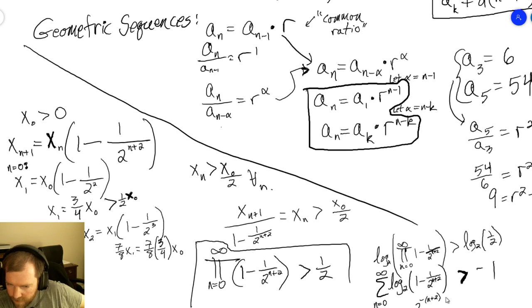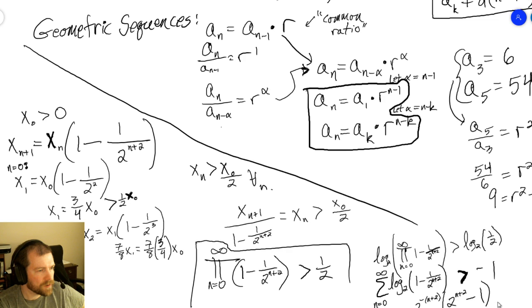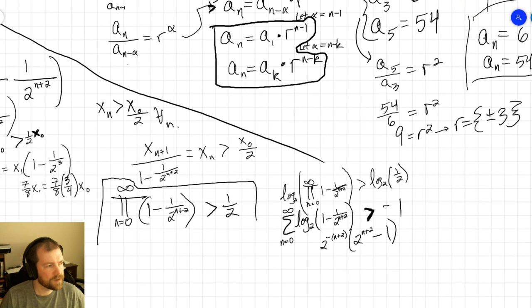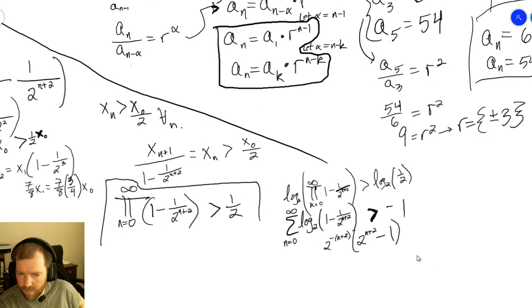If we factor this out, then we're left with 2 to the n plus 2 minus 1. This is probably going nowhere, but worth a shot anyway.